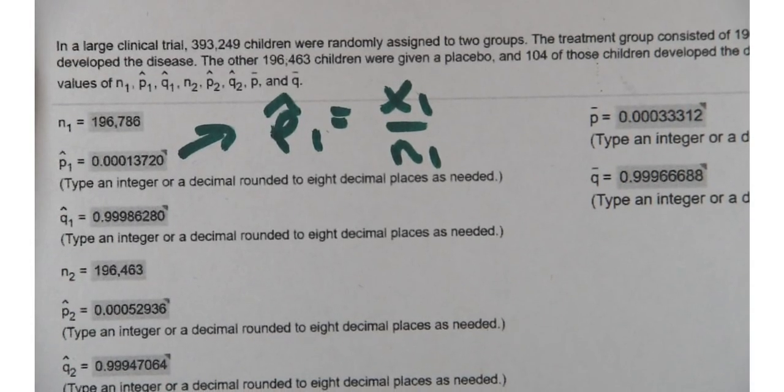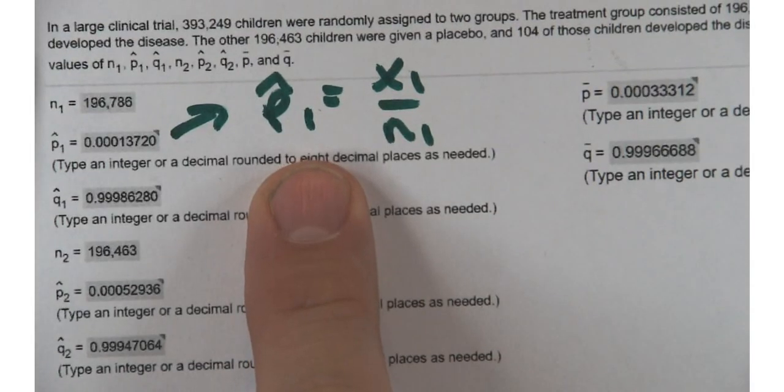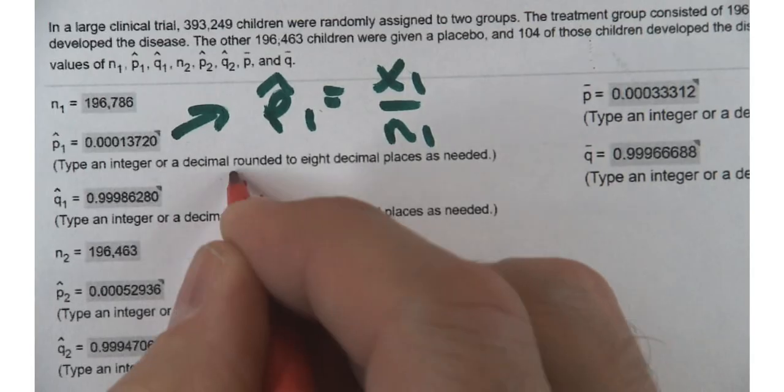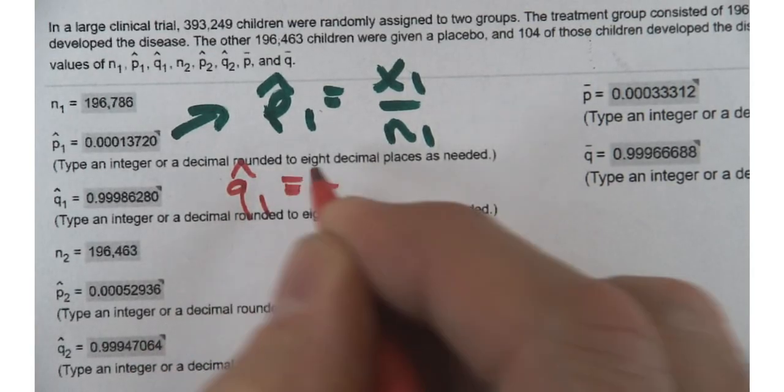Now maybe you can take a good educated guess at this. If this is p1 hat, how am I going to find q1 hat? Think back to the binomial distribution. Yep, 1 minus. So q1 hat is going to be 1 minus p1 hat.